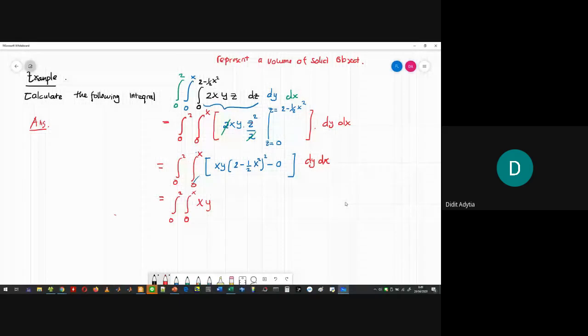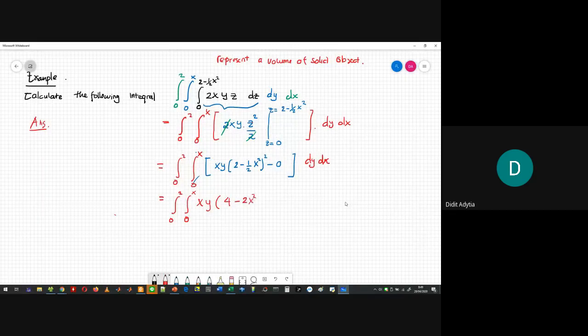Nah, ini kita breakdown, jadinya berapa? 4 dikurang berapa nih? 2 ya. 2x kuadrat ditambah 1/4 x pangkat 4. Okay? This is the same. Okay, benar ya? And then this one is dy dx.